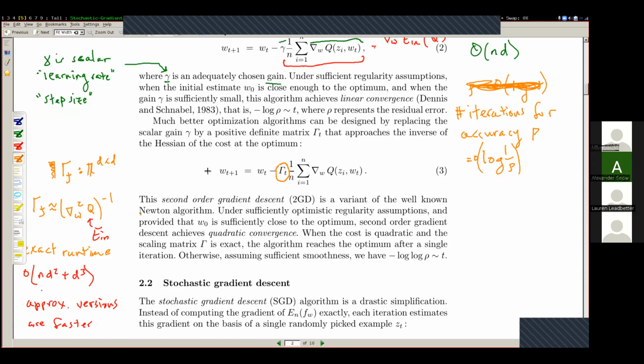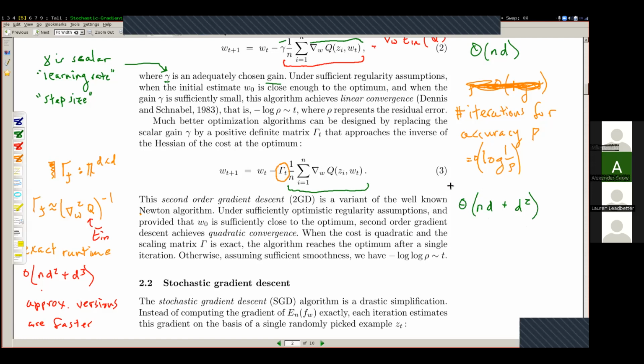We want to talk about the runtime of this equation right here and the number of iterations that we need. The runtime is, again, the same as above, but now we have a matrix multiplication going on right here. So that'll be theta of n times d for this term, and then we have a matrix vector multiplication, so plus d squared. The n times d is for this term over here, and the d squared is for the matrix multiplication of gamma t times all of this.